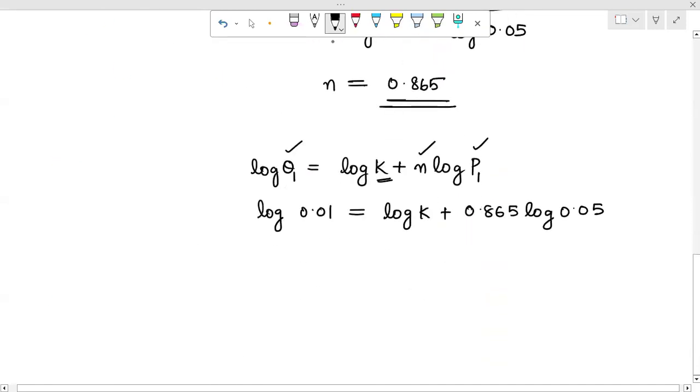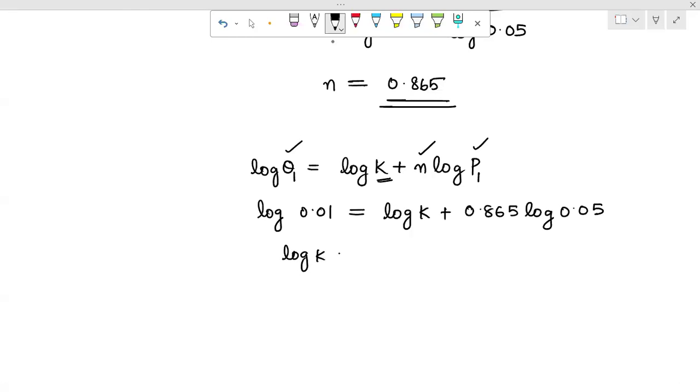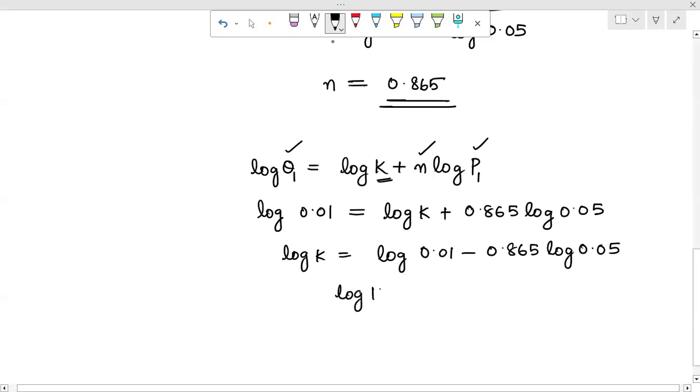That's it. So if we rearrange, log k is equal to log of 0.01 minus 0.865 log of 0.05. The value of log k that I'm getting is nearly minus 0.8735.